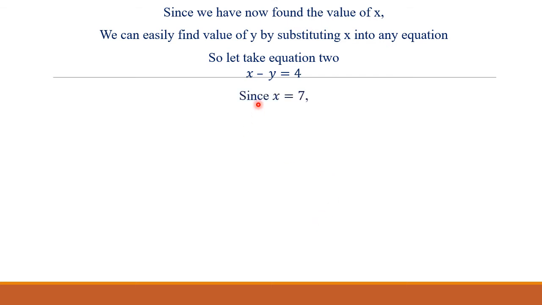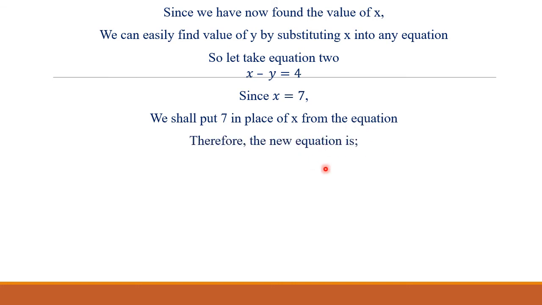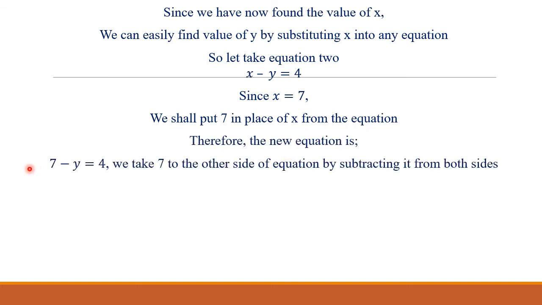If you take x is equal to 7 and put it in place of x, then you will have 7 minus y. So we have a new equation, which is 7 minus y is equal to 4.